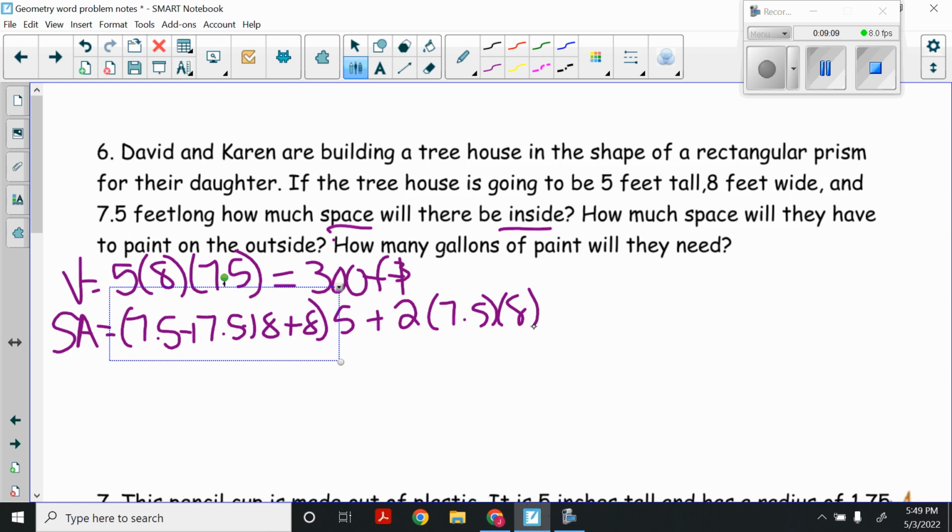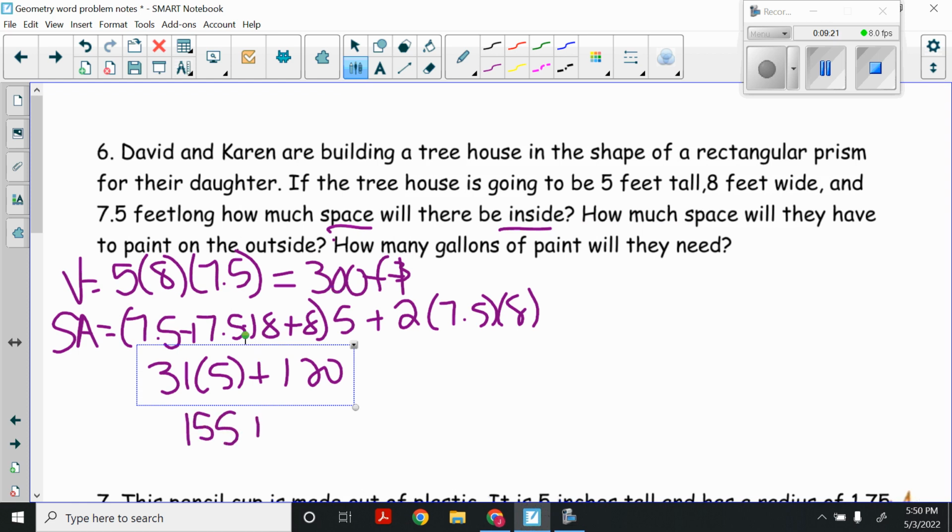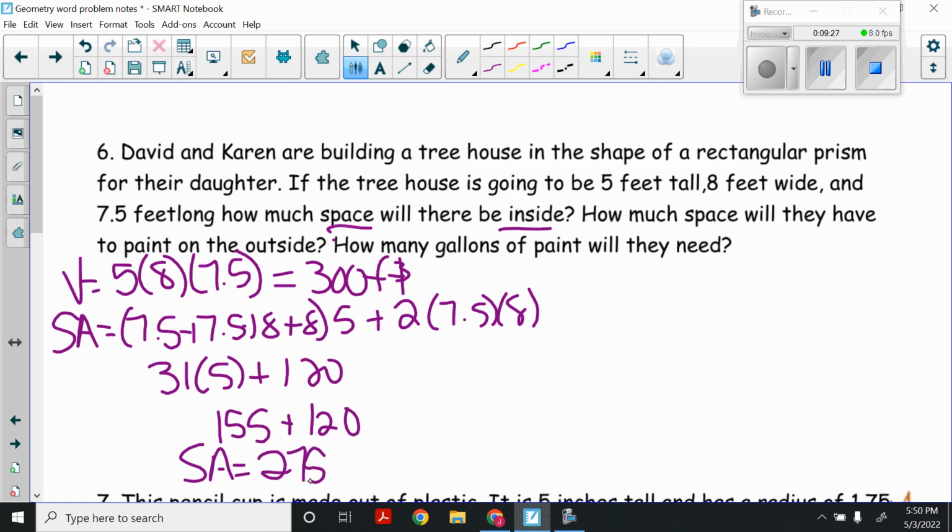So when I add 7.5, 7.5 plus 8, I get 31. So this is 31 times 5. Multiply these 3 numbers over here, I get 120. 31 times 5 gets me 155 plus 120. So the surface area that they need to paint is 275 square feet.